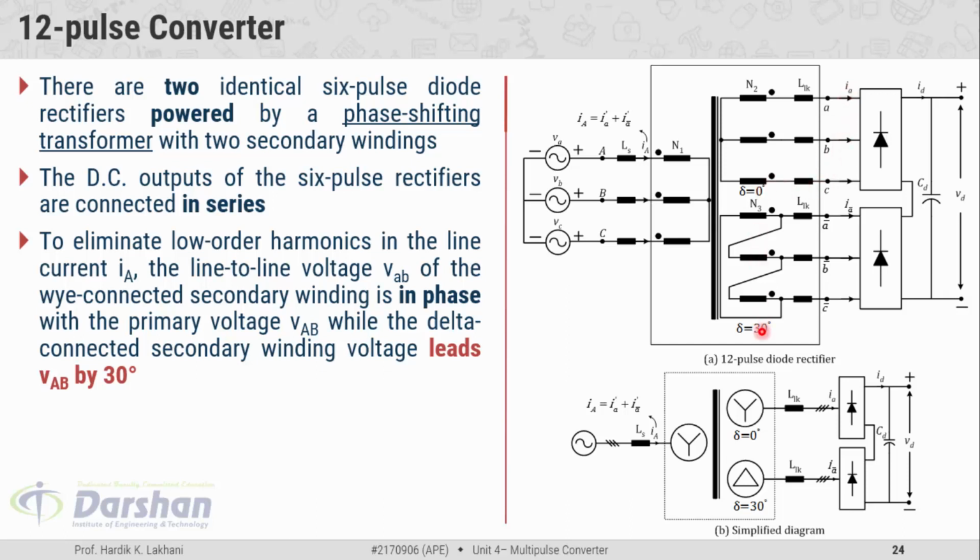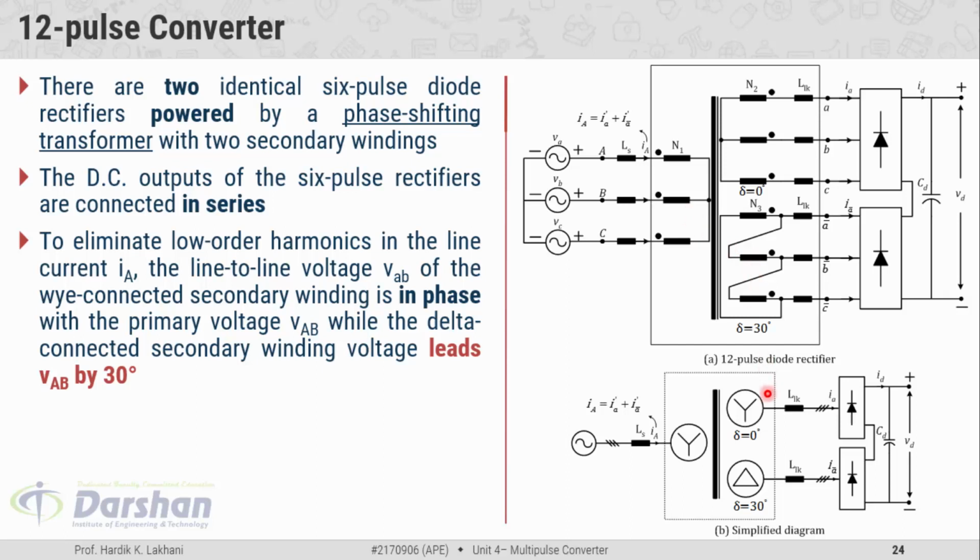And here delta equal to 30 degrees means that the primary side line to line voltage and the secondary side line to line voltages have a 30 degree phase displacement. Because of that, the first 3-phase supply and the second 3-phase supply are different. This phase displacement is produced because of the different winding configuration, primary side star and secondary side delta.